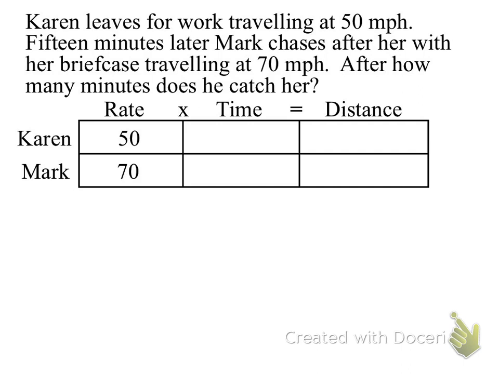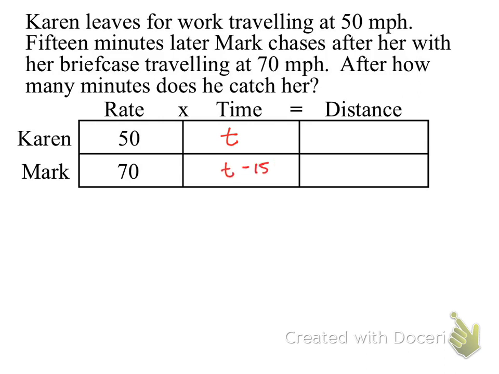Okay, now, time gets a little tricky here. So it's Karen is T and Mark is T minus 15. Very close. Karen is T, and Mark is T minus 15.